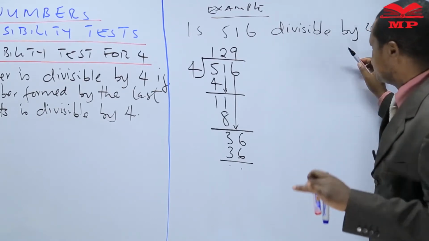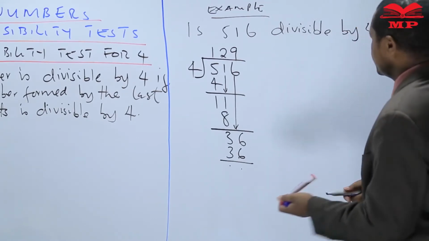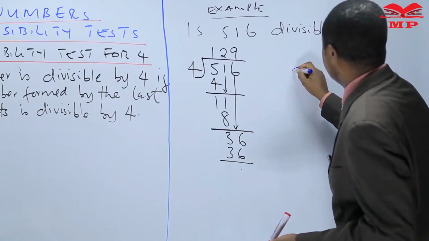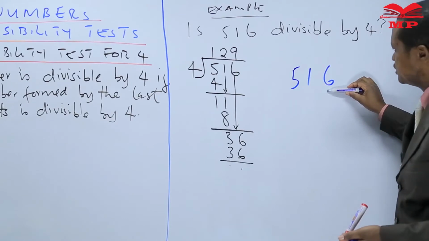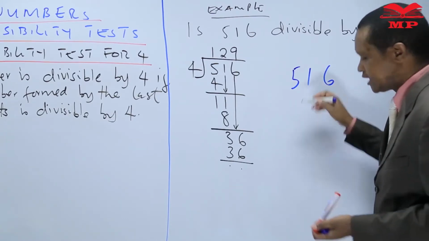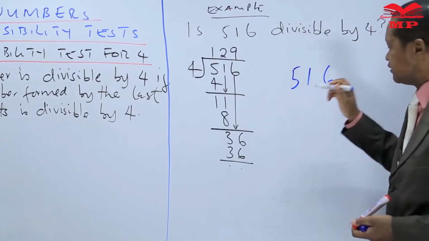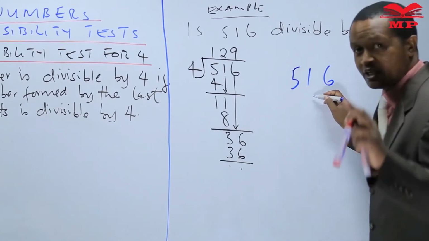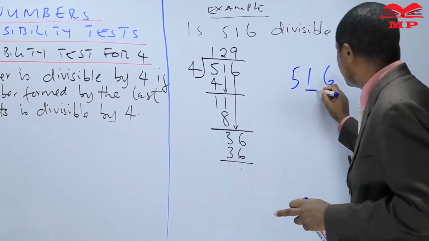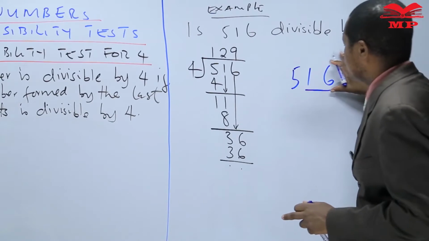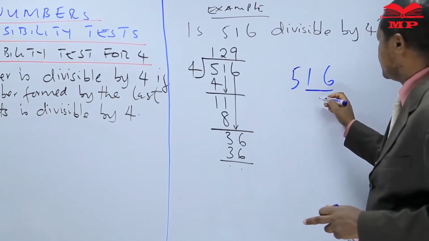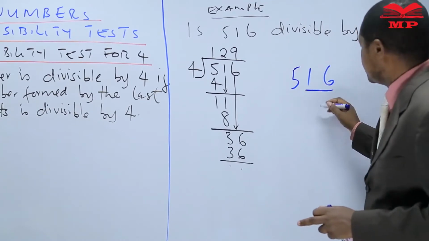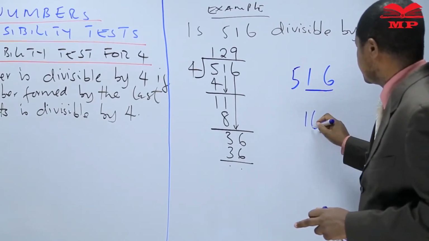A simple test. You can look at the last 2 digits. You check the last 2 digits, these 2 digits. If the number formed by the last 2 digits is divisible by 4, then the whole of this number is divisible by 4. So the number formed by the last 2 digits here is 16.